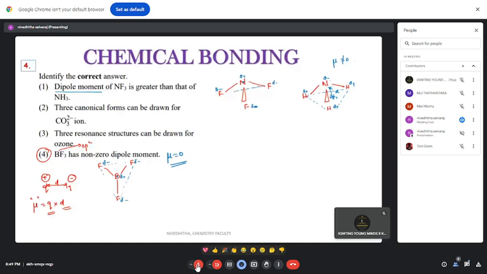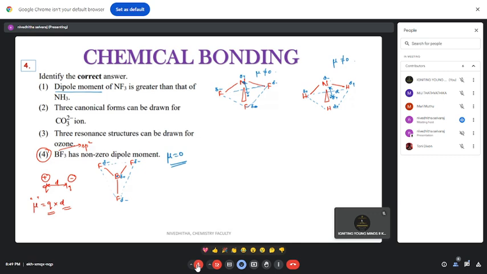I'm going to connect all those negative charges to find the negative center. Here, the negative center will be on the plane. Now, definitely there is a distance between the positive charge and the negative charge. So the distance is not equal to zero, and definitely the dipole moment is not equal to zero. So both NF3 and NH3 have dipole moments.